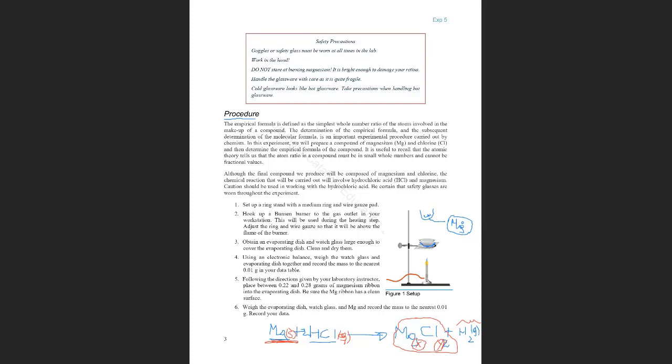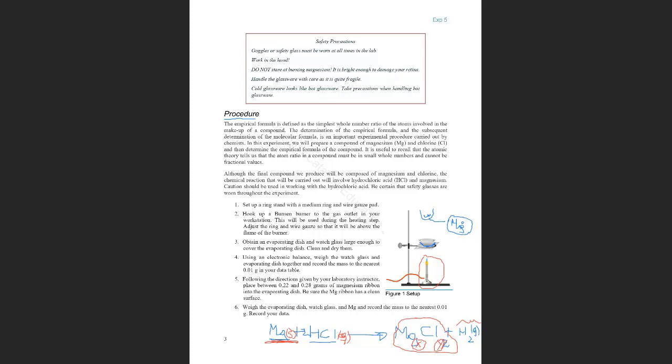So then, once you see that the reaction is complete, you are going to start the heating using this Bunsen burner, and because the hydrochloric acid is aqueous, all you want to do is evaporate all the liquid and end up with the mass of magnesium chloride.